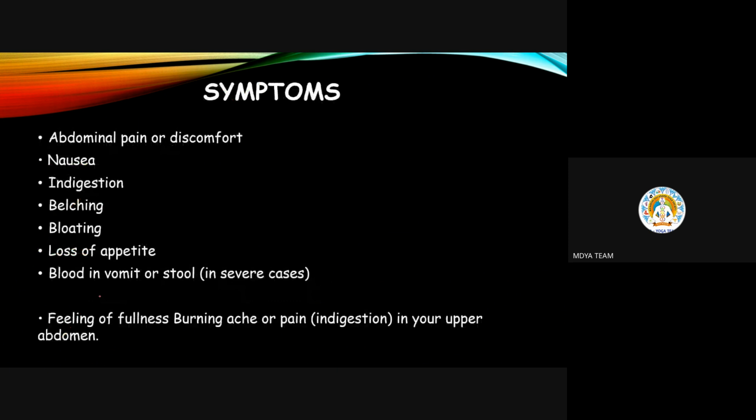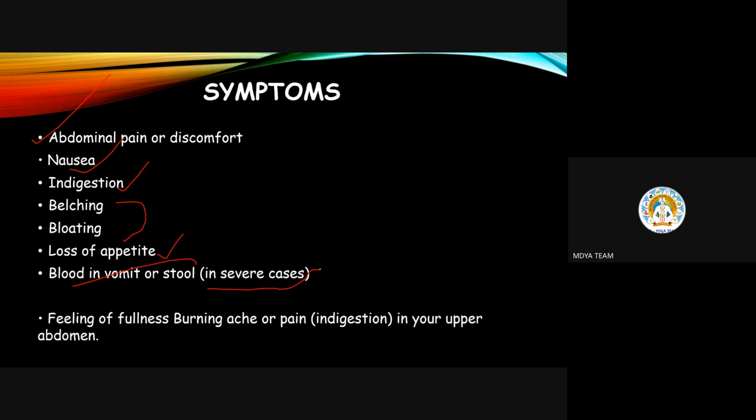So it leads to symptoms. Very easy symptoms, very simple to understand. Abdominal pain or discomfort, nausea, that feeling of vomiting, indigestion, belching, bloating, loss of appetite. They will feel a no-hunger type situation. Blood in the vomit or stools in severe cases. When it leads to more severe cases, it could result in blood in the stools and vomiting.